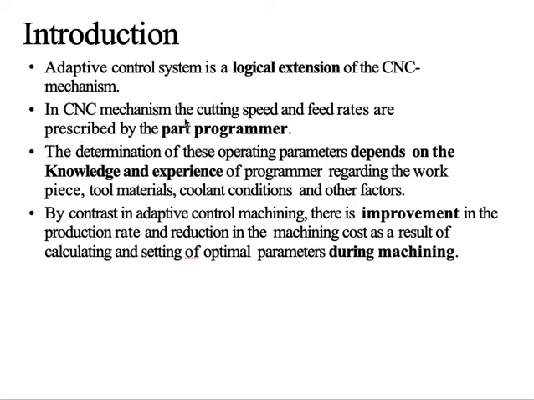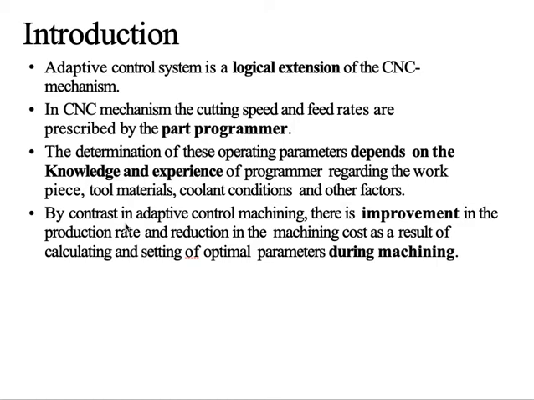In CNC, the cutting speed and feed rates are prescribed by the part programming, as we just discussed. The determination of these operation parameters depends on the knowledge and experience of the programmer regarding the workpiece, tool materials, coolant conditions, and other factors as well.